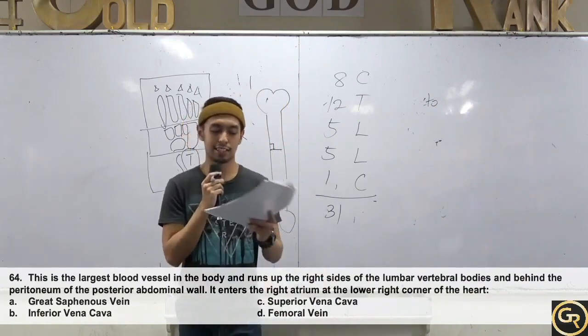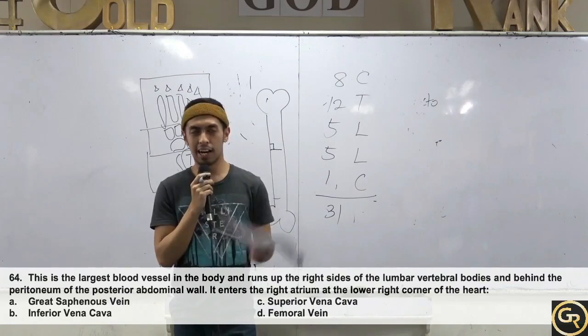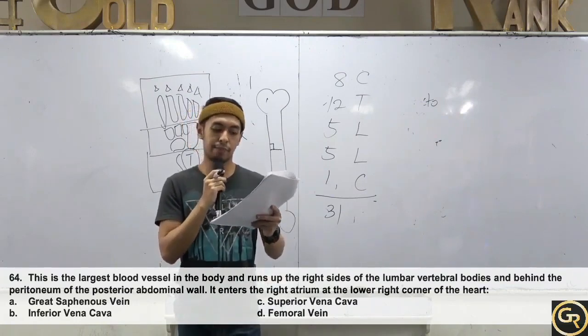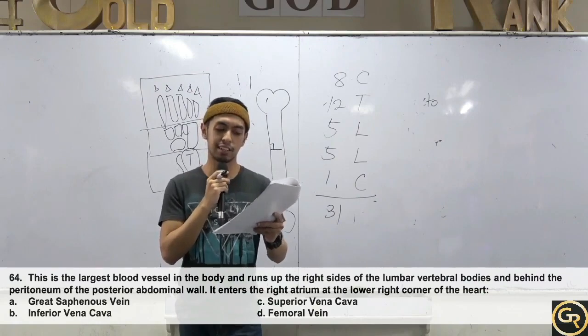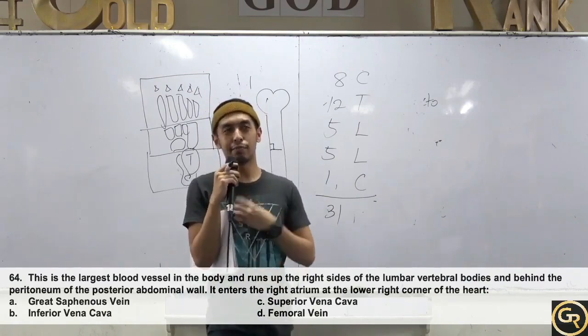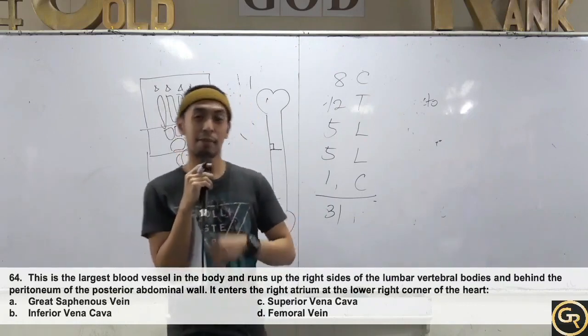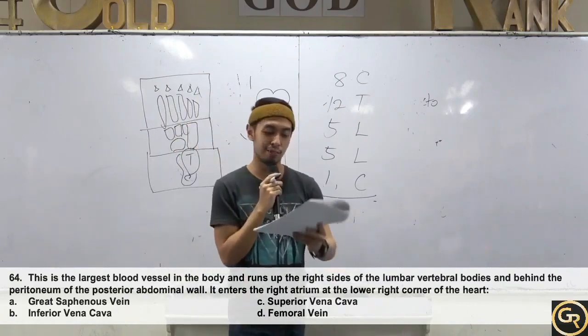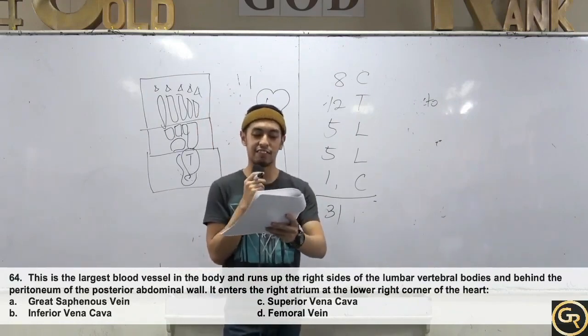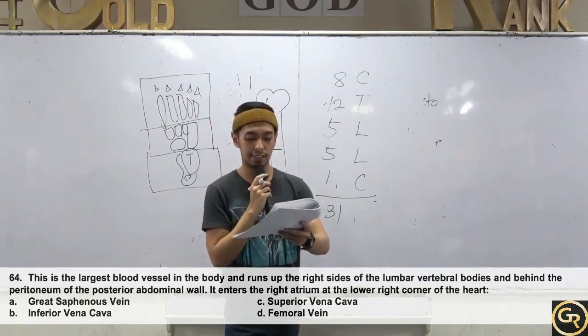The clue is that it comes from the lumbar region and the posterior abdominal wall. Since it comes from below, it should be inferior. Therefore, the answer would be letter boy. 64, it's your inferior vena cava. Letter boy.